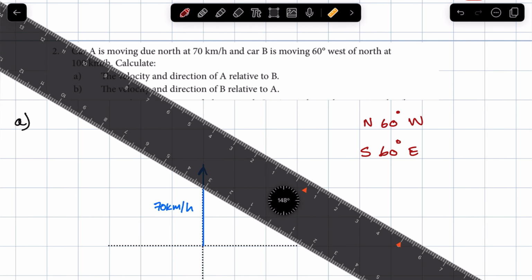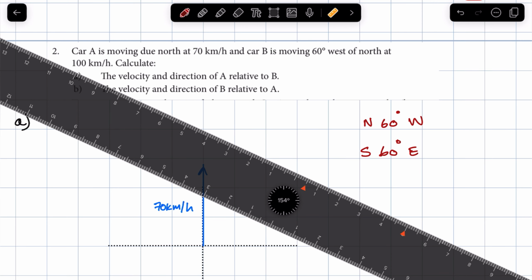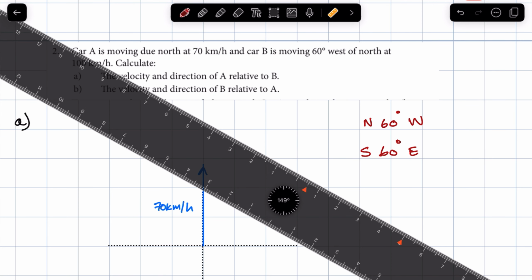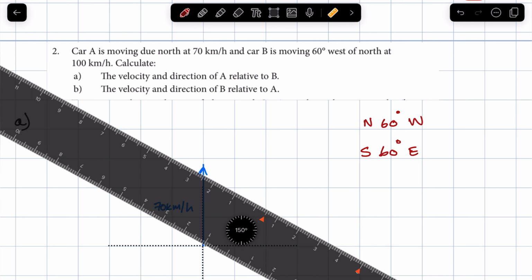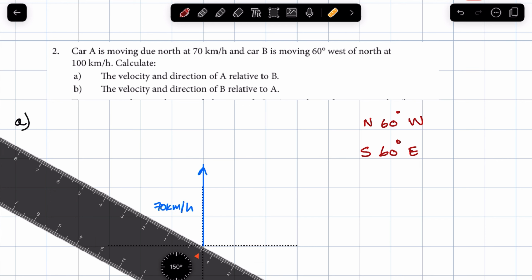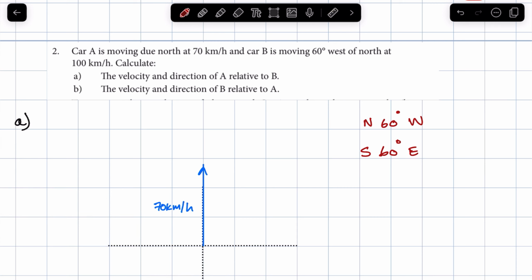But when you are using your protractor, you should make south your reference, and then measure an angle of 60 degrees. So 60 is right there. So you would have something that looks like that.